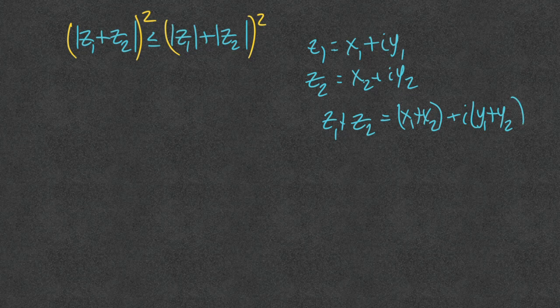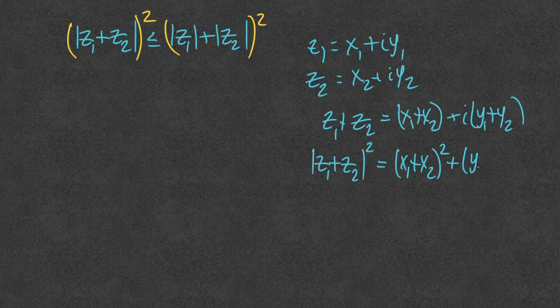All right, which means that the modulus of z1 plus z2 is going to involve a square root, and by squaring both sides, I actually get rid of the square root. So this is simply just going to be the real part squared plus the imaginary part squared. Okay, so that's essentially what I have.